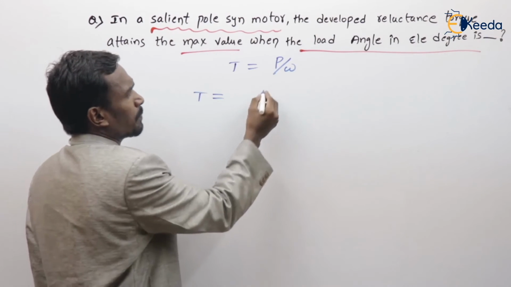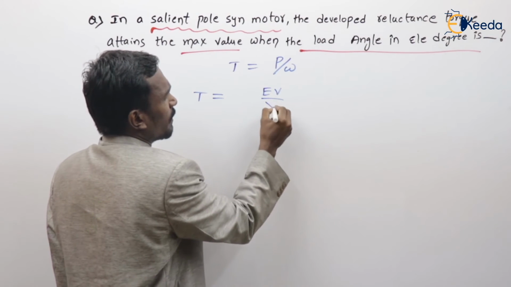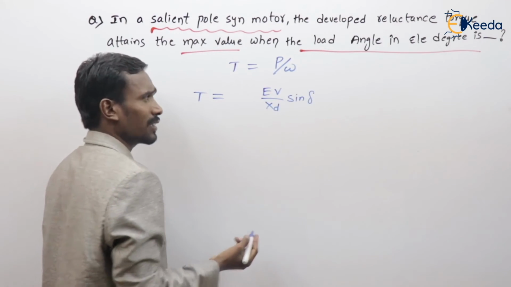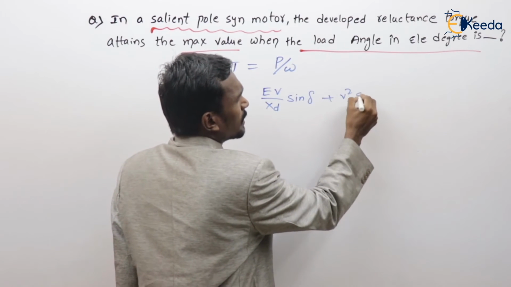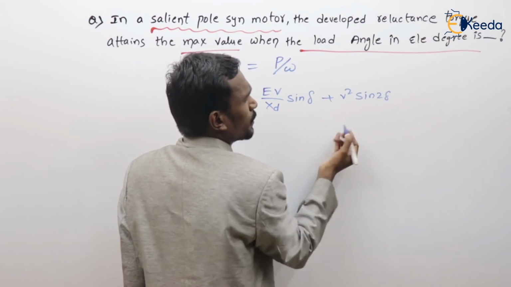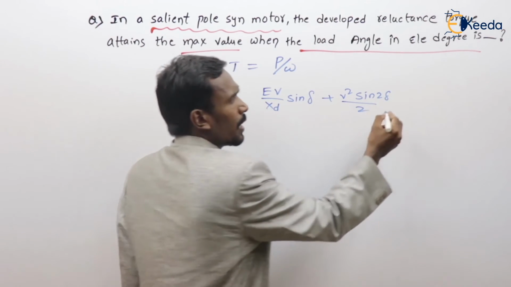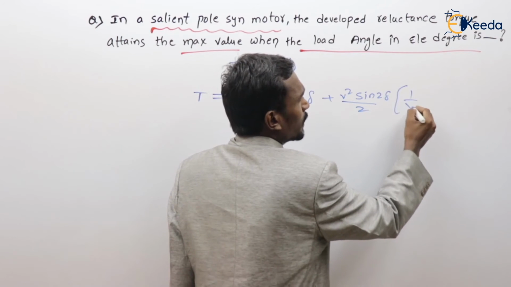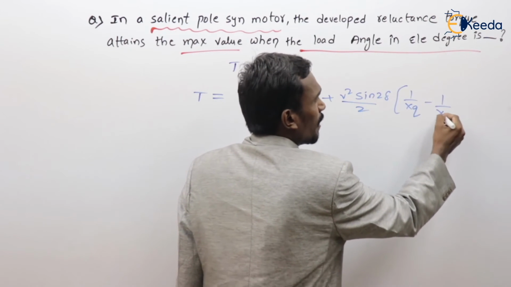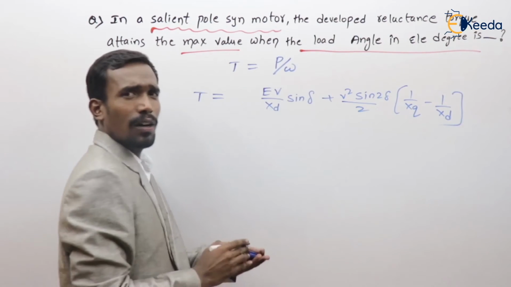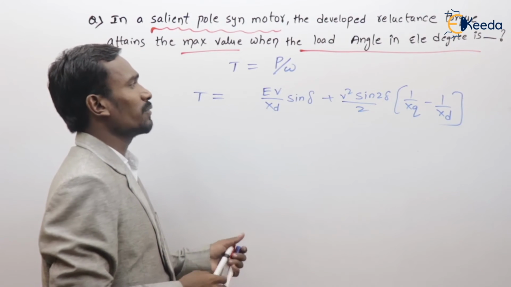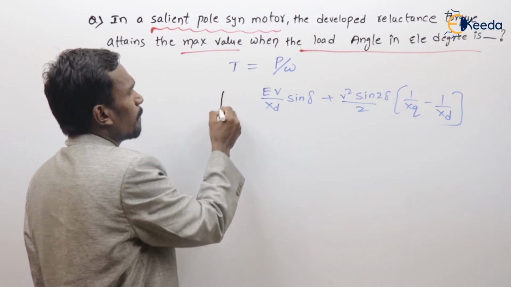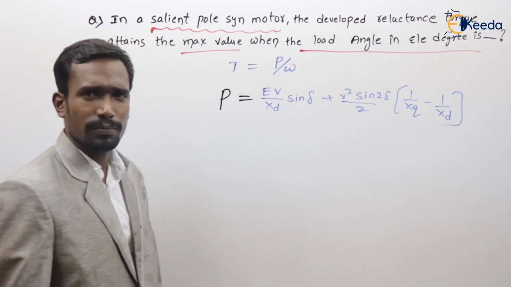In a salient pole machine, P is equal to EV by XD into sine delta plus V square into sine 2 delta by 2 multiplied by 1 by XQ minus 1 by XD. So this is actually the power developed by the machine.